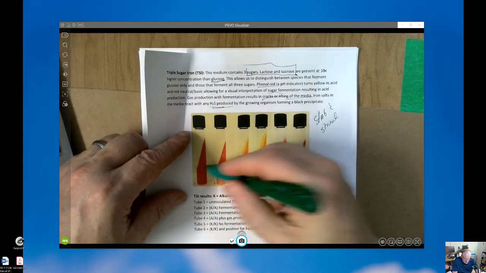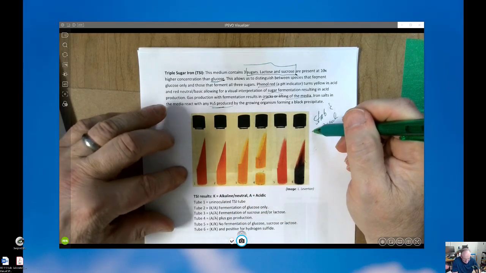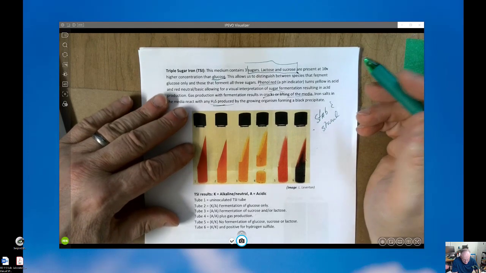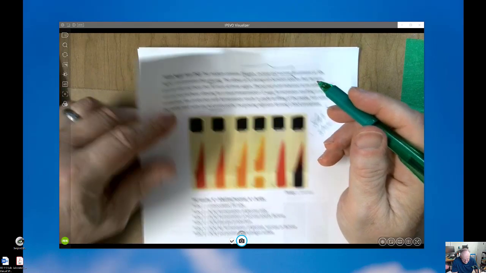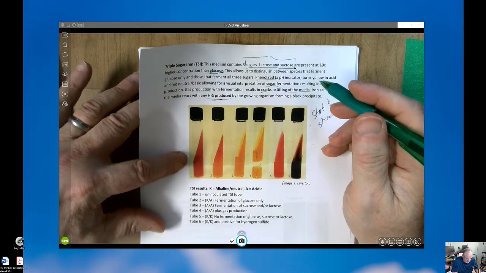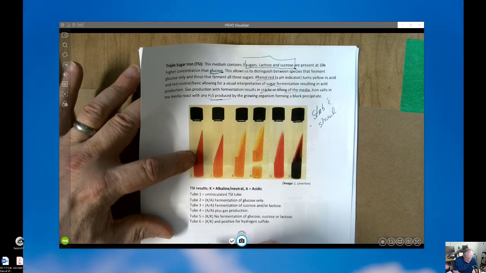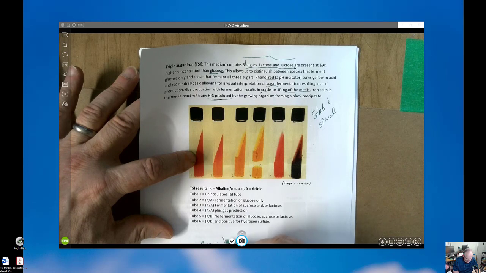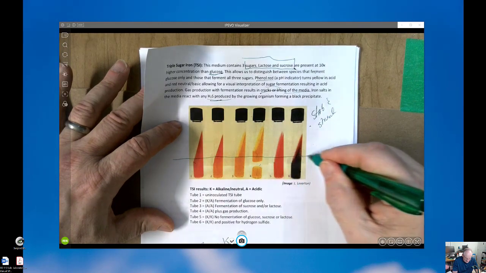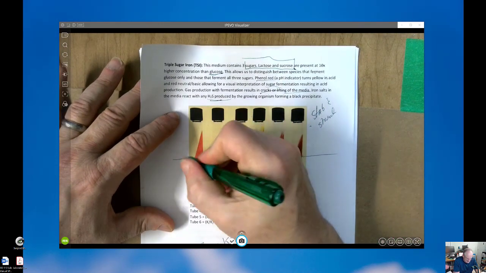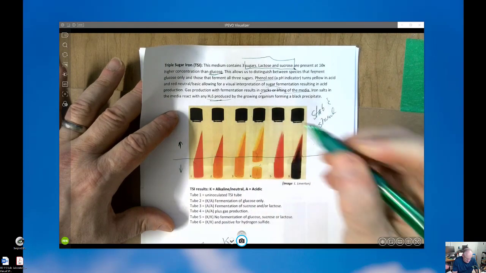So to denote these tubes, we have a sort of a protocol. It's an unspoken protocol, but it comes back in the days of the German microbiologists. If it's a red color, we refer to it as a K. If it is a yellow color, it's A. And so we divide the tubes right down the middle, and so this is the upper and this is the lower portion.